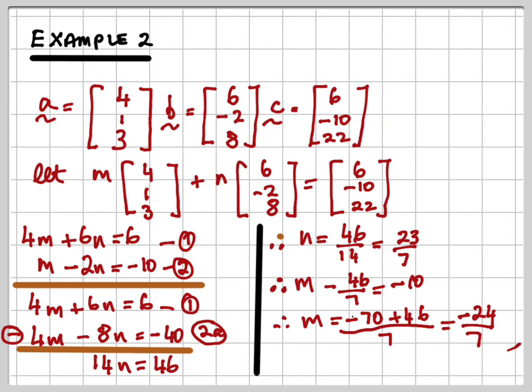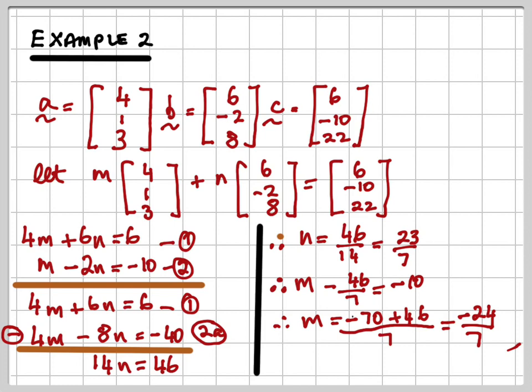And we start off by considering the first 2 rows of each vector, and we solve the simultaneous equation as in the previous example. Press pause and work your way through the solution here, where you'll see that m is going to equal negative 24 on 7, whereas n will equal 23 on 7.